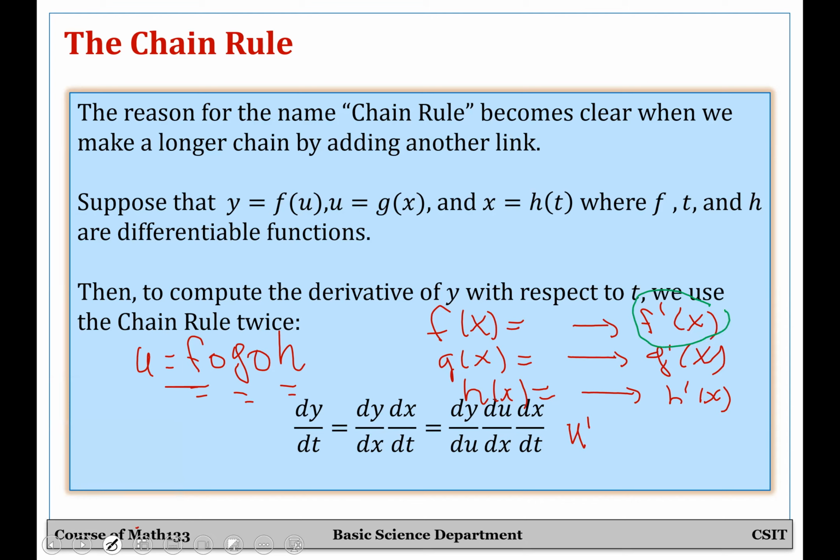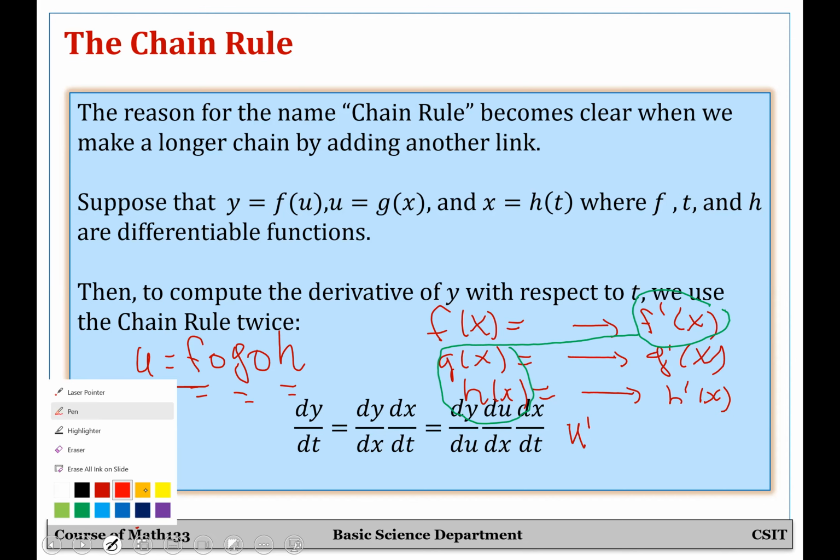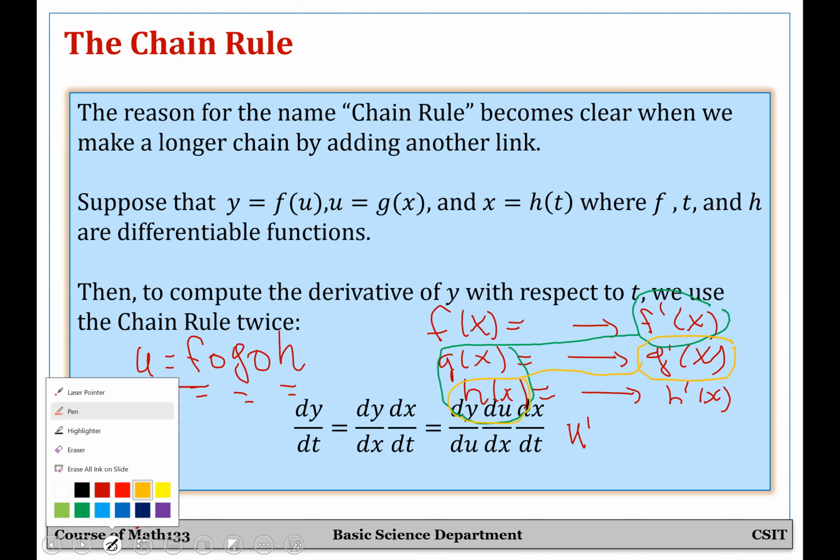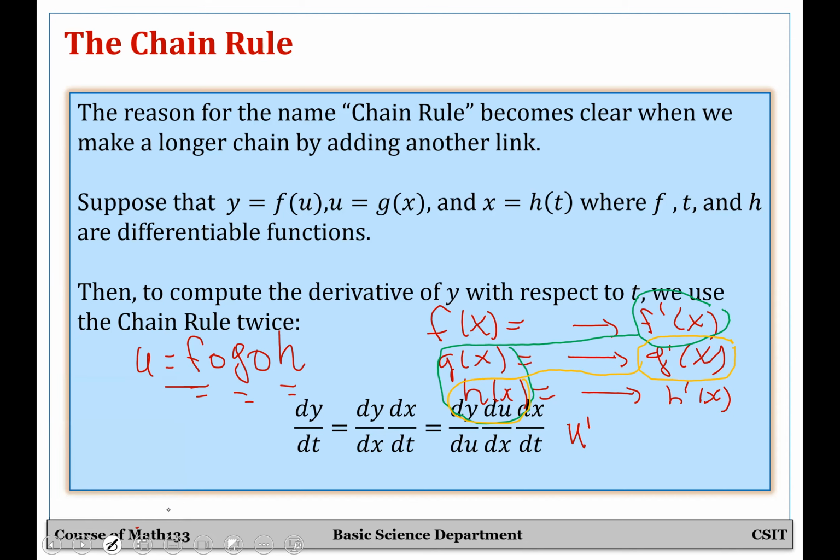Take this function, and instead of x, you will put g composite with h. Then multiplied by this function applied at h of x. And last, you will multiply by h prime.